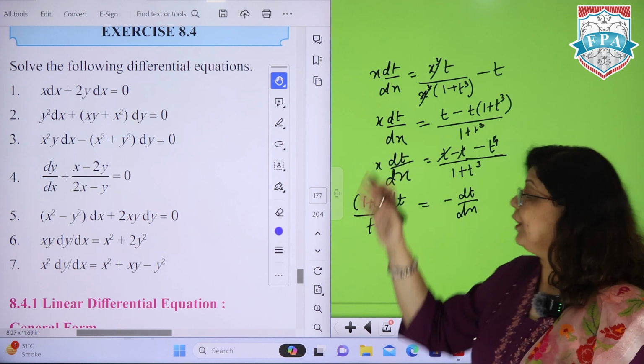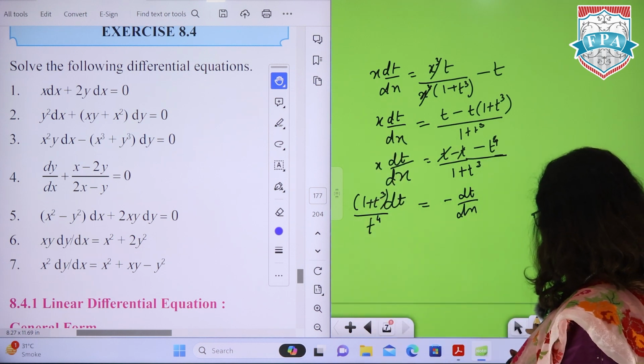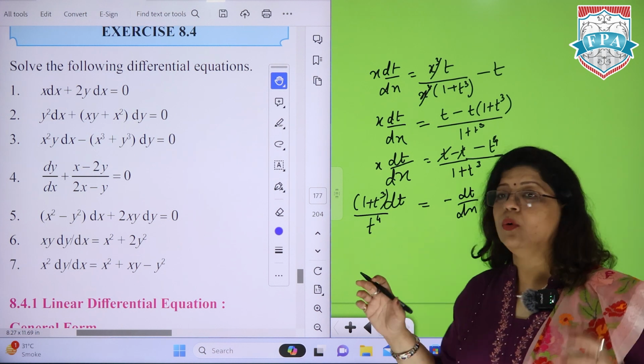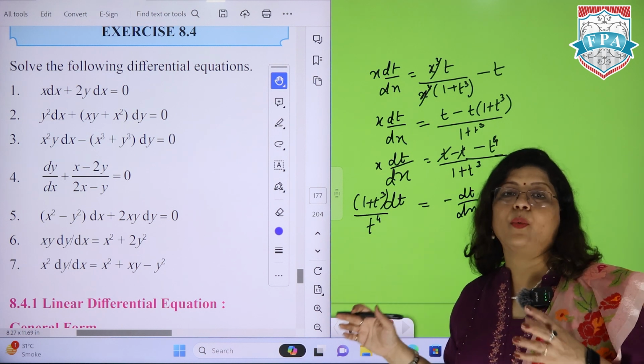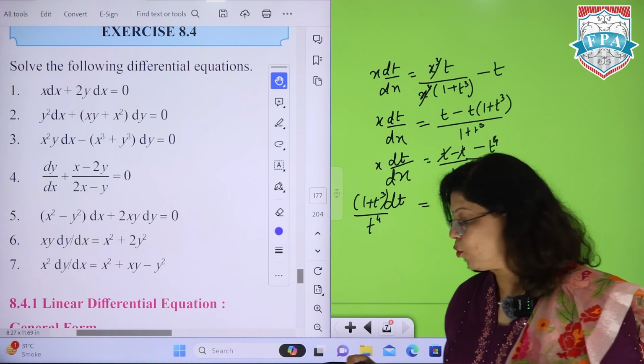So I'm not shifting that minus over there because with minus we will be able to put it over the side where the values are less. It becomes easier if the variables are less over there.